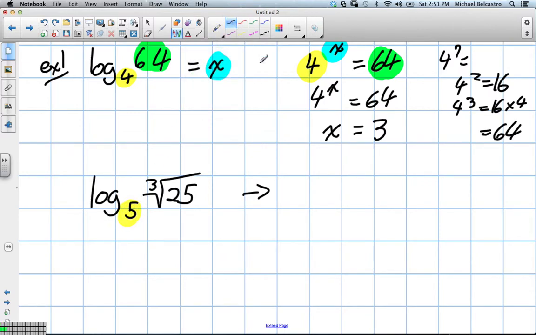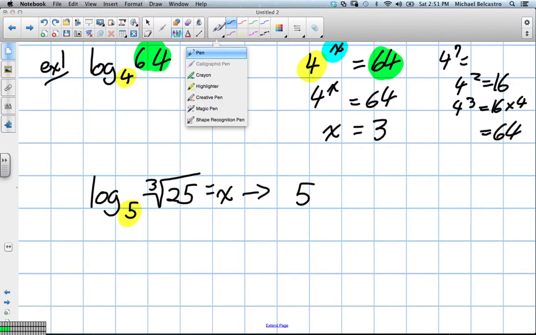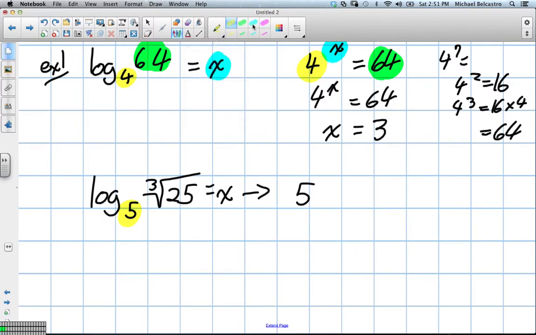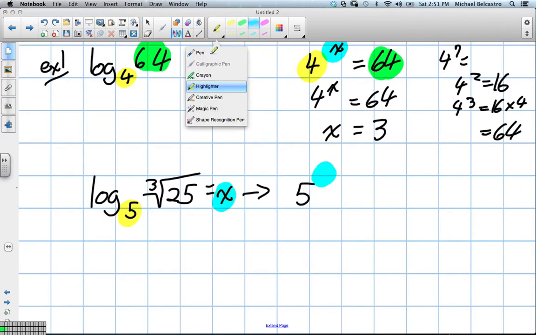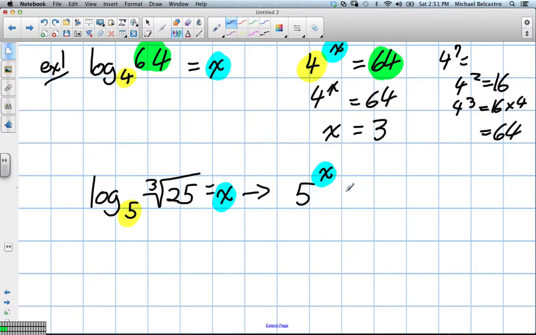So in this question, we're going to be base 5. We know we're trying to solve for our answer here, so that's going to be our unknown, which is our exponent, x. And this is all equal to our y value, and our y value happens to be the cube root of 25.